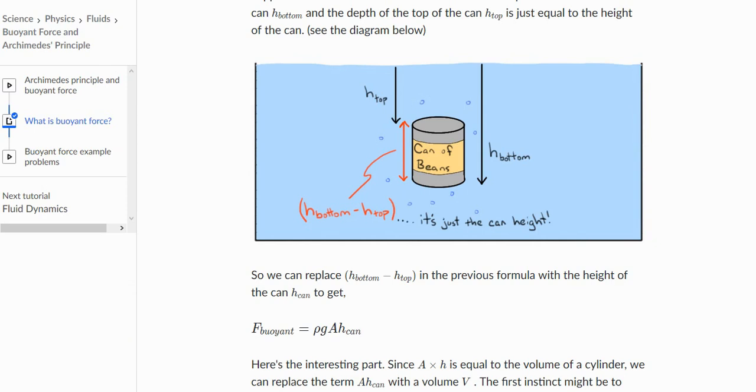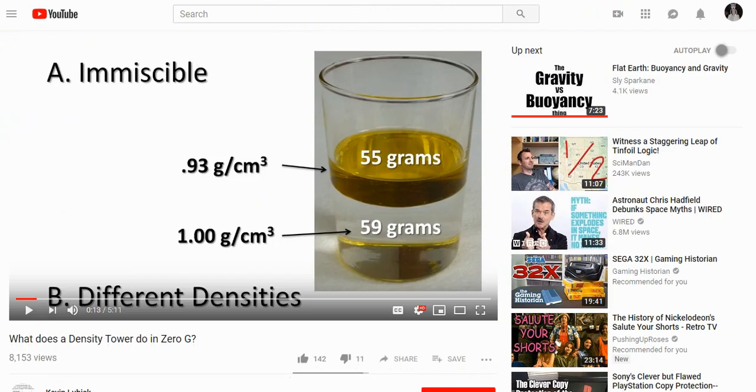We'll see that basically the force of an object on the top and the bottom creates a pressure differential, which in Archimedes' principle basically says that the equivalence of the weight of the displaced fluid is what causes the buoyant force, but you need gravity to create that buoyant force. So go back to our tower.